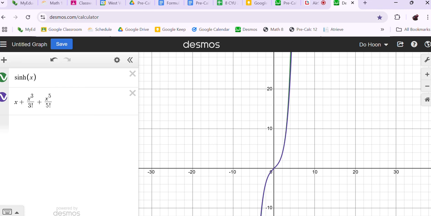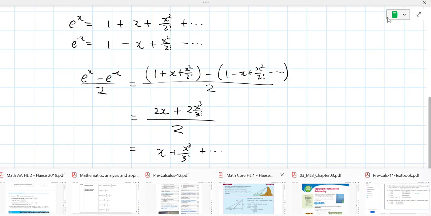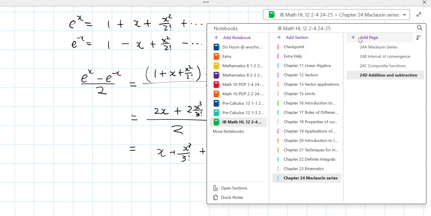This is the degree of 5. Almost identical. So accurate. So I would say that this is the level of convergence. The interval of convergence is probably all x. We did extremely well with Maclaurin series. Right. Only for e.